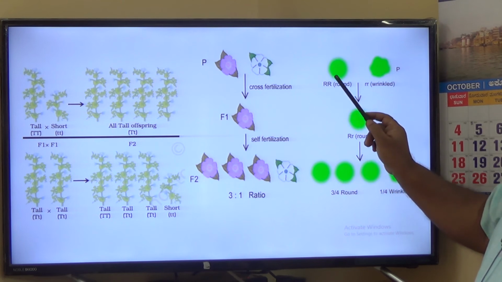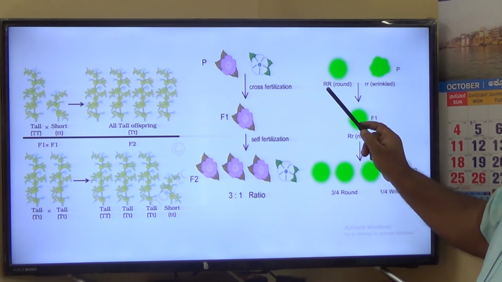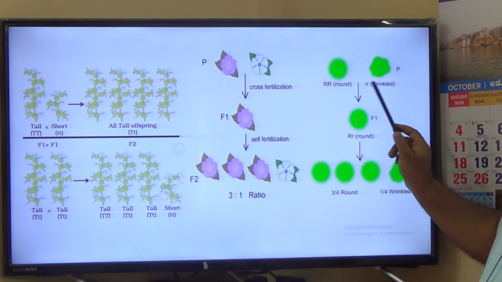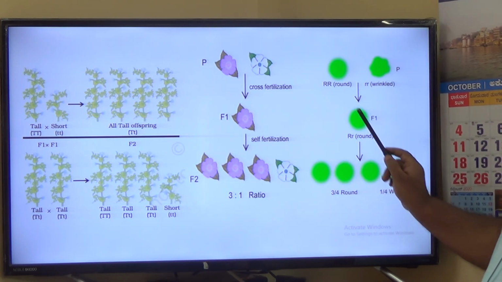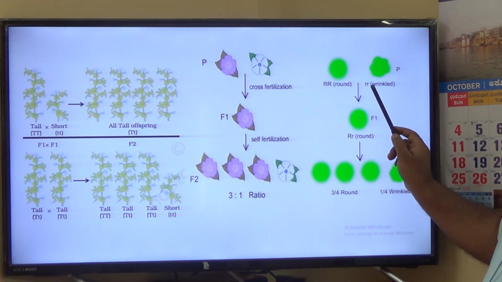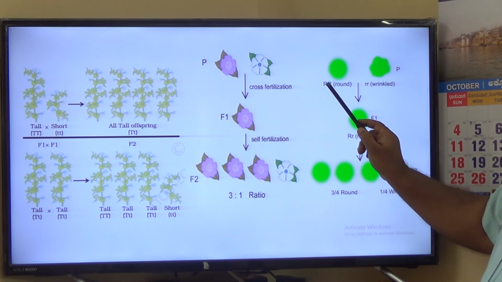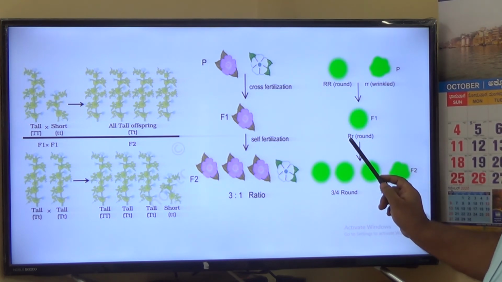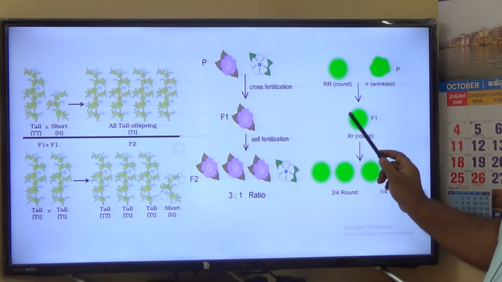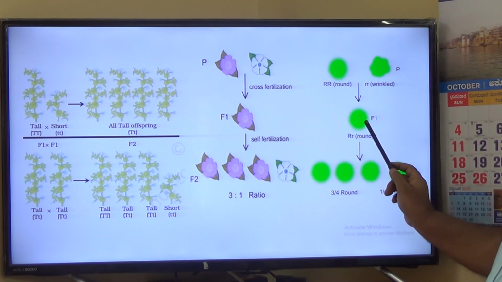assume that round is dominant here, represented by capital R, and wrinkled by small r. In the first generation, if you cross these two and obtain a Punnett square, you will find the combination of capital R and small r for all four plants. So capital R is the dominant trait, and in the F1 generation all the seeds produced are round.